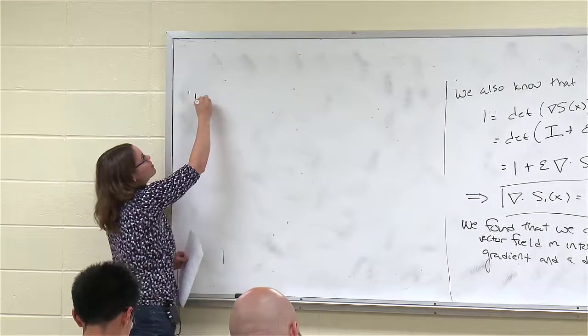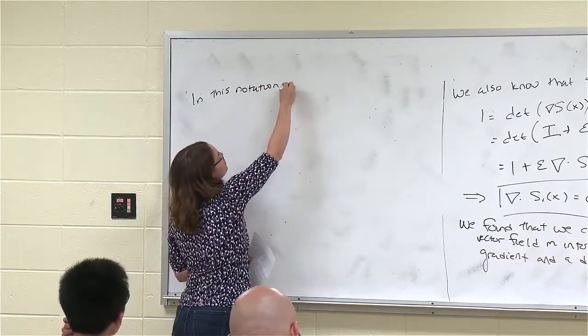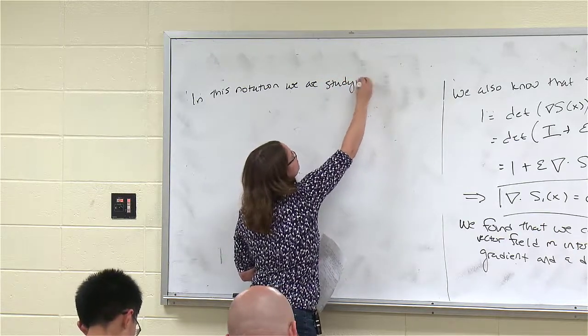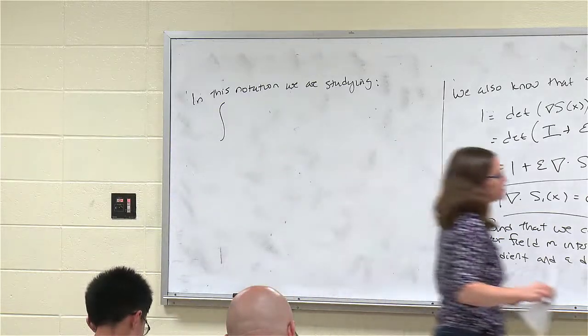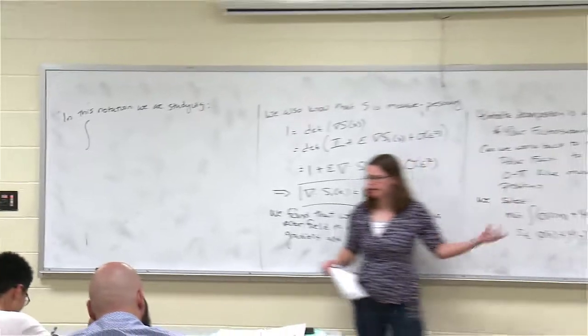Okay, so in this language or notation, we are studying, okay, phi of R of x dx becomes phi of y against d mu.